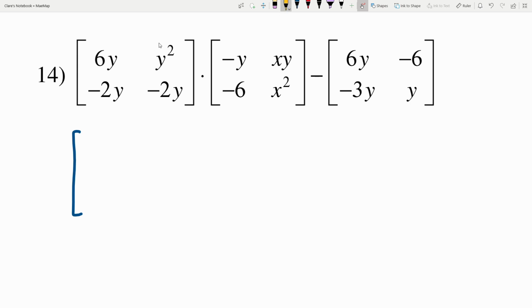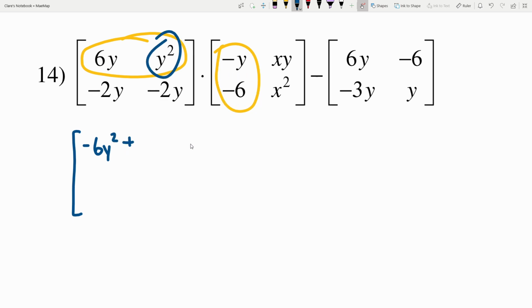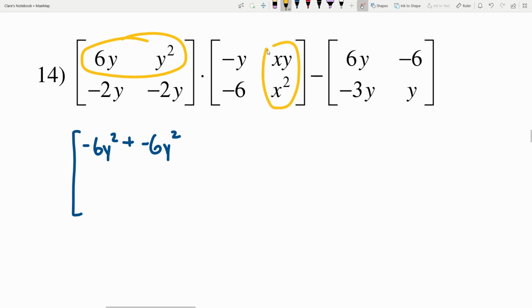So doing the multiplication first, I'll dot row 1 with column 1. So that's 6y times negative y, which is negative 6y squared, and I'll be adding that to y squared times negative 6, which is a negative 6y squared. Now, I'll dot my first row with my second column. 6y times xy is 6xy squared, or 6y squared x.